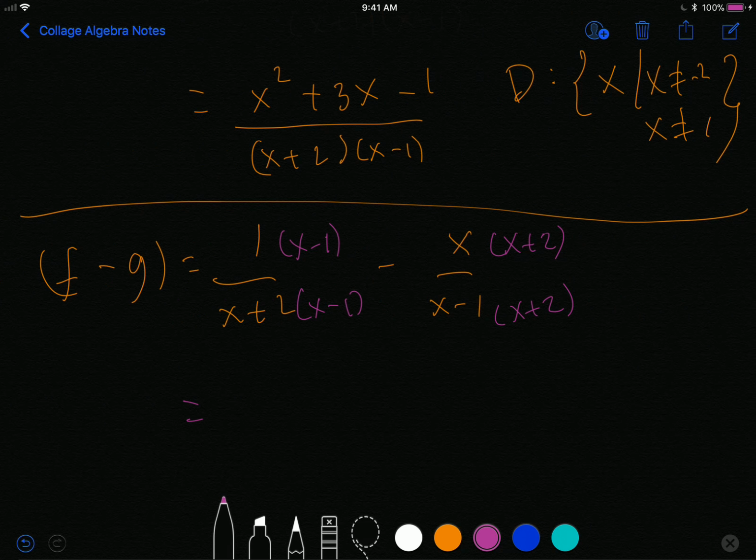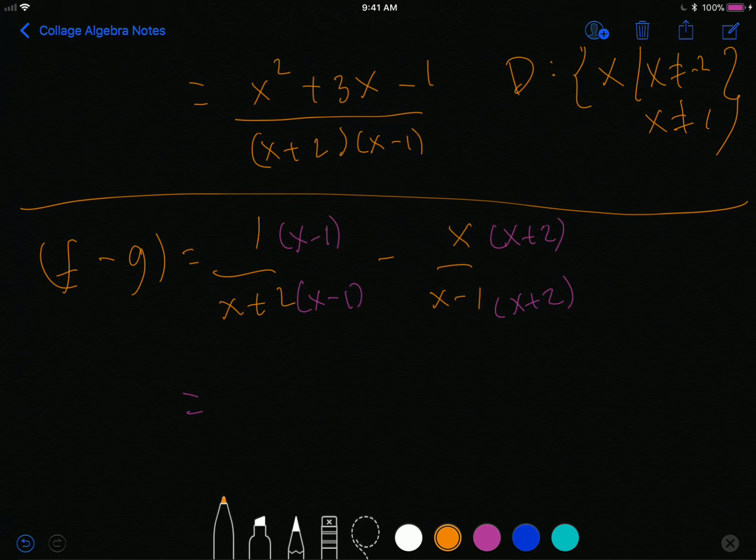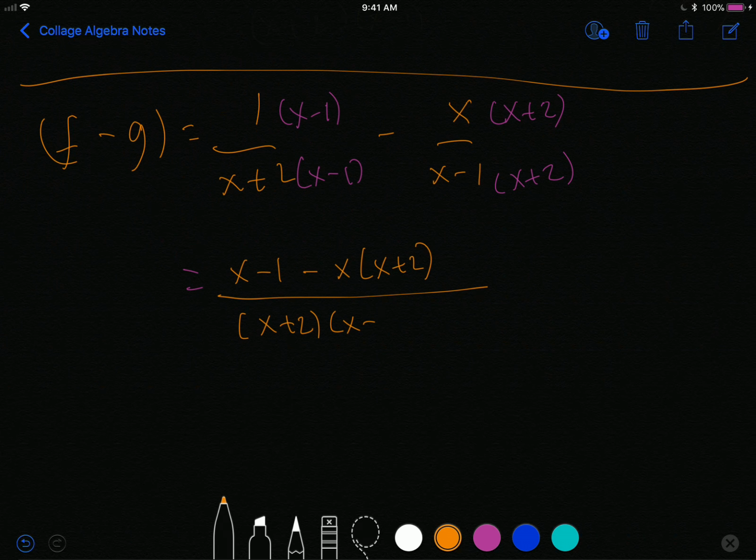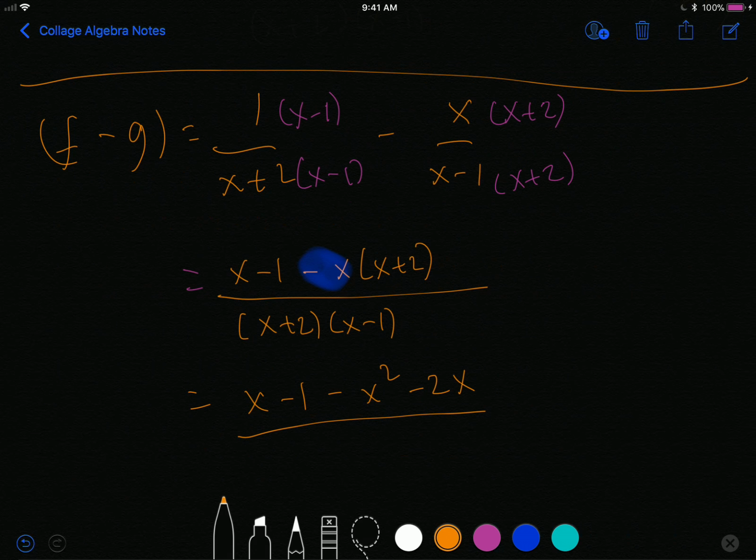So that will leave me with x minus 1 minus x times x plus 2, over x plus 2 times x minus 1. I distribute the negative x, and that will leave me with x minus 1 minus x squared minus 2x over my denominator.